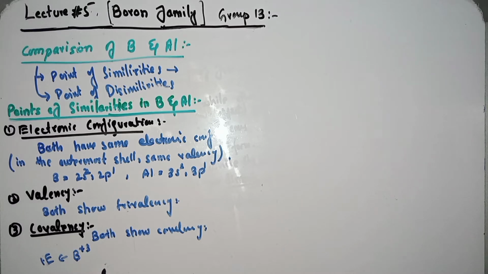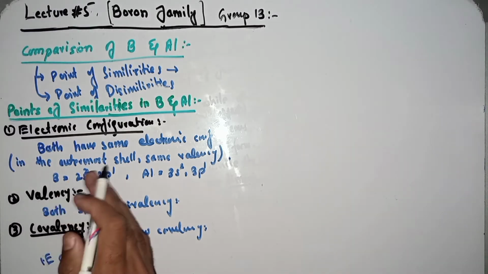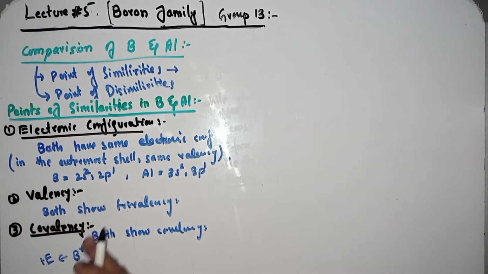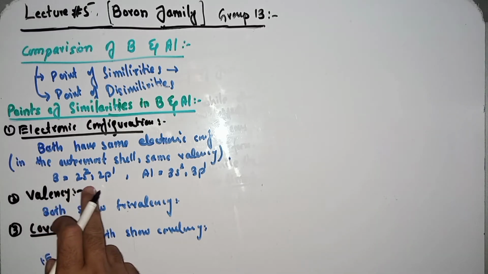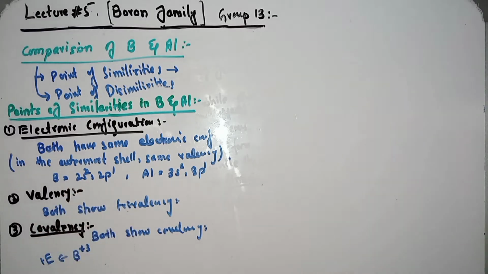Therefore, boron forms trivalent compounds, where the 3 electrons are shared by boron to form covalent compounds. So it forms tricovalent compounds, because these 3 electrons will be covalently shared.